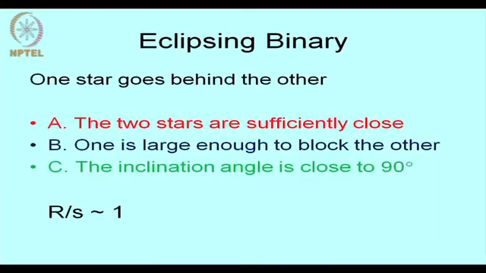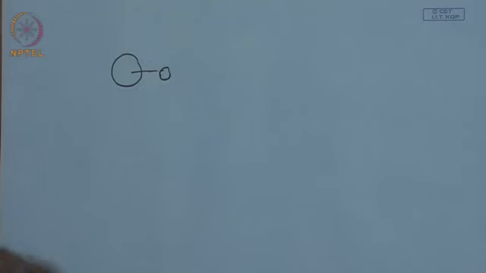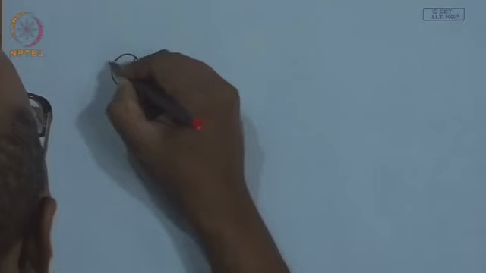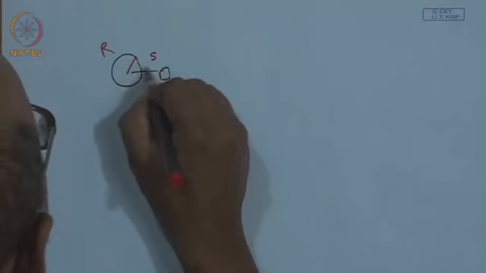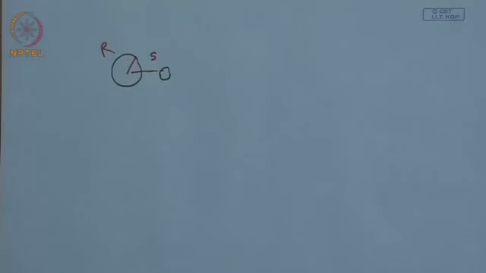So, the size of the star should be comparable to the separation between the two stars. If you have such a situation, then for a large range of viewing angles you are going to have an eclipse. If this is R and this is S, the separation, such a situation is extremely favorable for an eclipsing orbit.